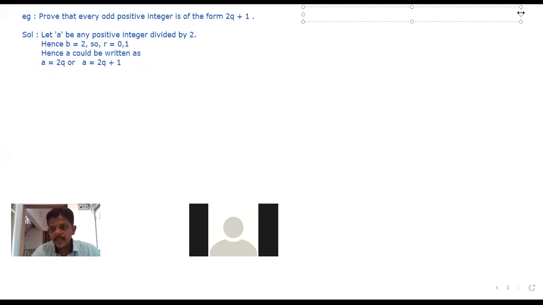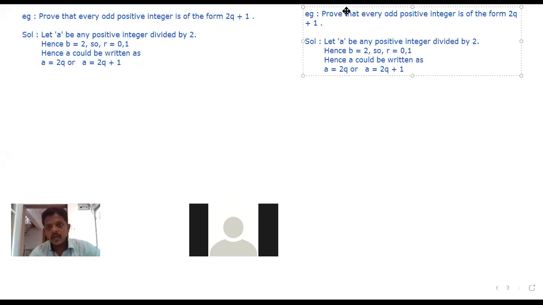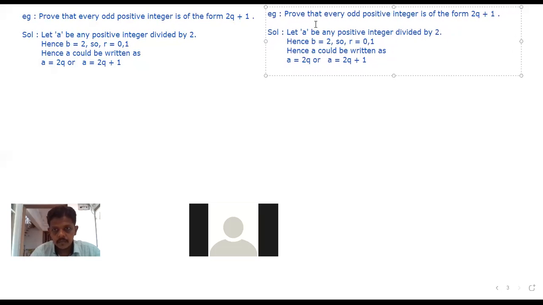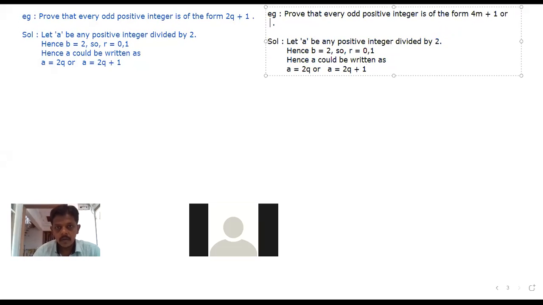Prove that every odd positive integer is of the form 4m plus 1 or 4m plus 3.